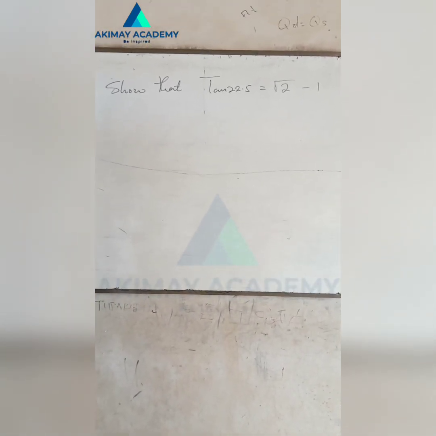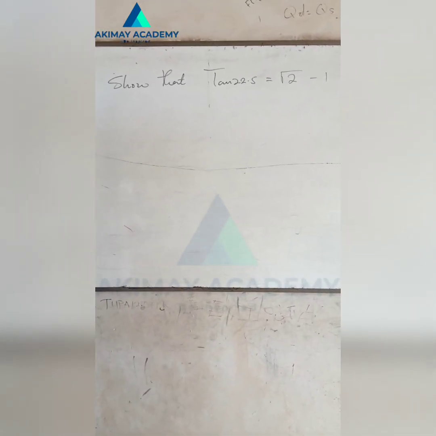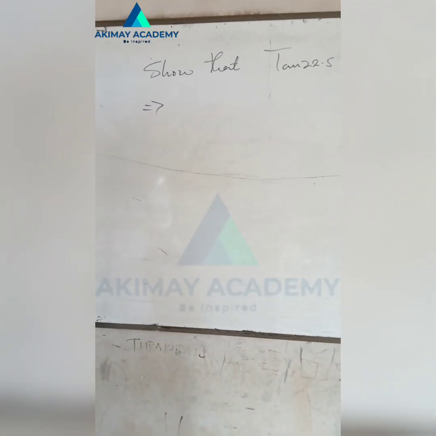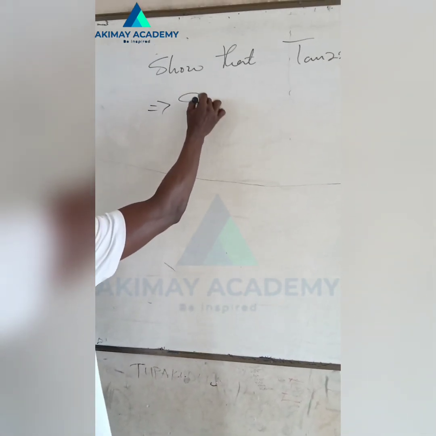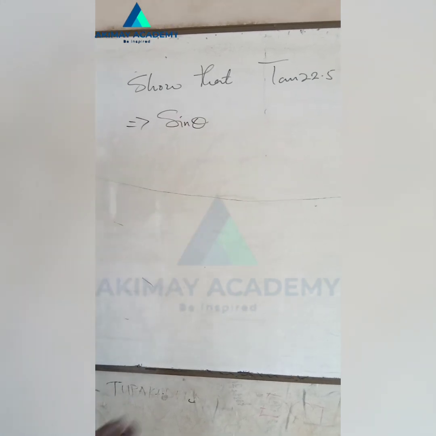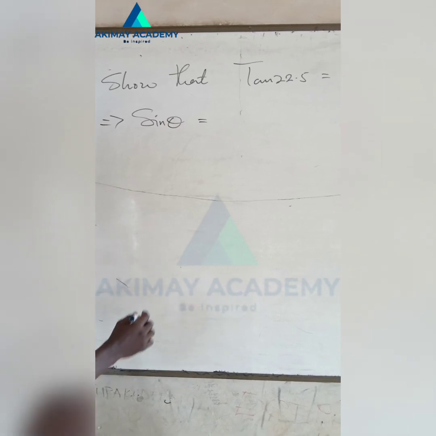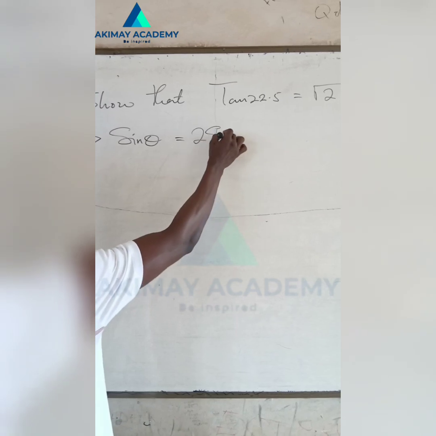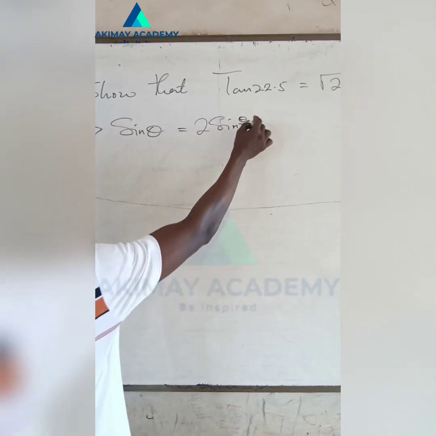Okay, so here what we do is we go back to our half angles. In our half angles, we realize that sine theta equals 2 sine theta on 2 cos theta on 2.